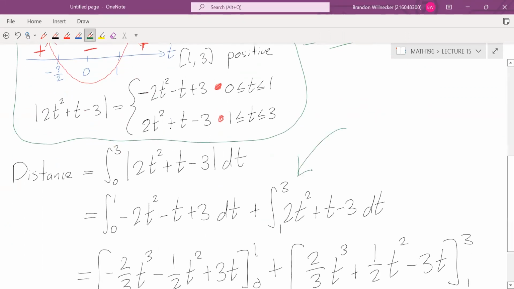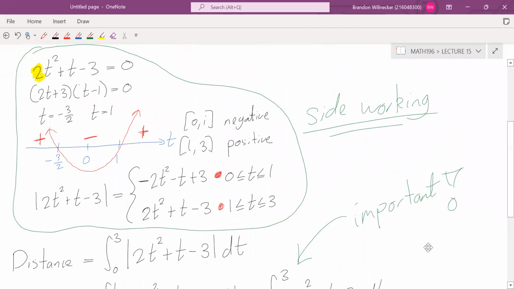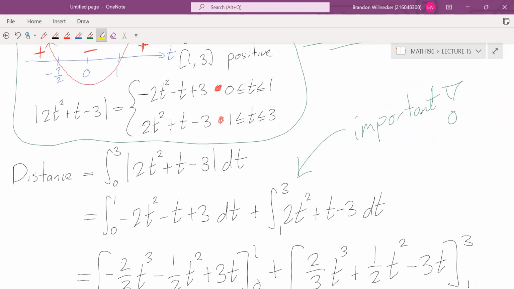You have to show me that you've split it up into two parts. Okay, so it doesn't matter how you get these intervals, as long as you show me the intervals here. So from 0 to 1, that's the first interval. From 1 to 3, that's the second. That's all you need to do.